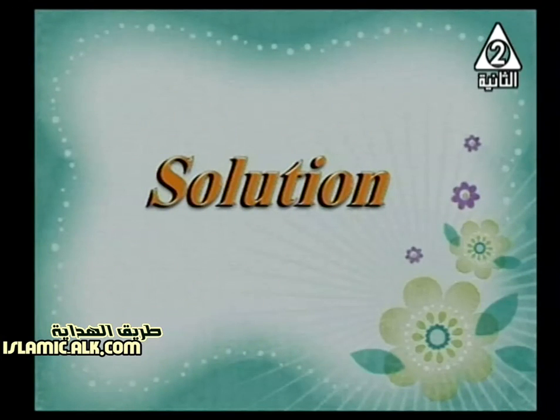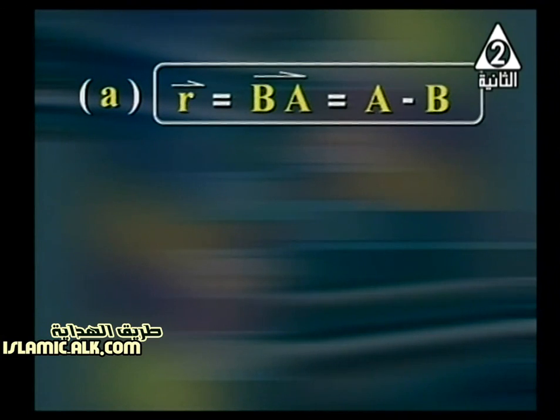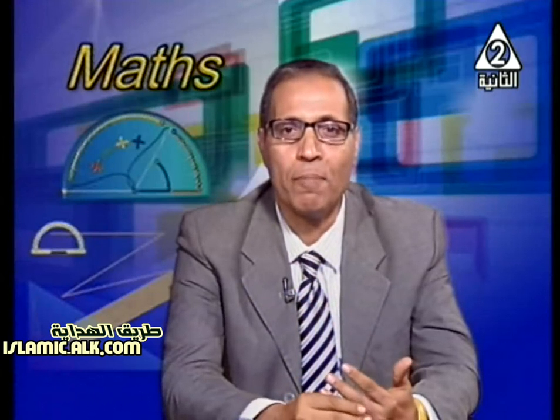Dear student, we have r equals BA. What is the meaning of BA? When we find the moment about point B, we find the position vector from point B. What is the position vector?